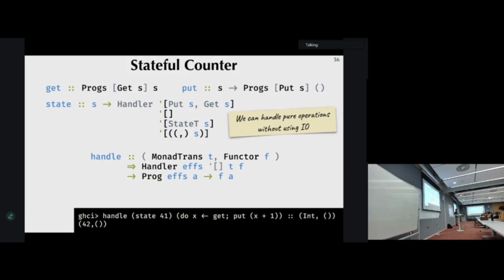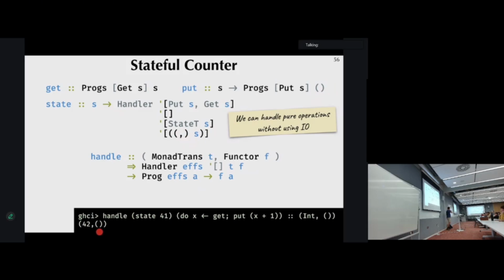The second component is the pure result. And so what you'll notice is the pure result of the program. The program that we're dealing with is this get put program. Put promises to return just unit type, and the handler here says S, which means pair up the unit type with an S, and that's why you get back down here a number 42 with the unit type.